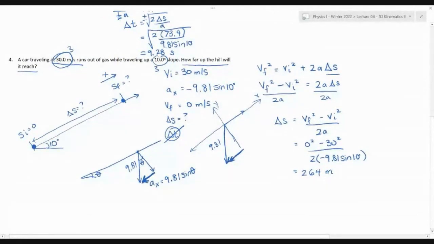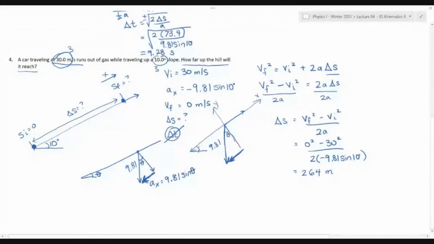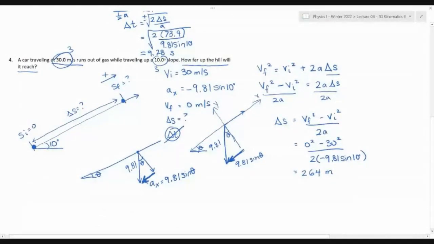When we take that vector, and this angle here is theta, which is the same as this angle here, this vector down here would just equal 9.81 sine theta. And that's the number we use in the kinematic equation whenever we have an object traveling on a ramp. Because we said up the ramp is positive, that's why we needed to put a negative in there. I hope that's clear.